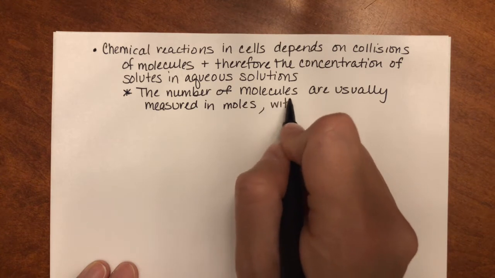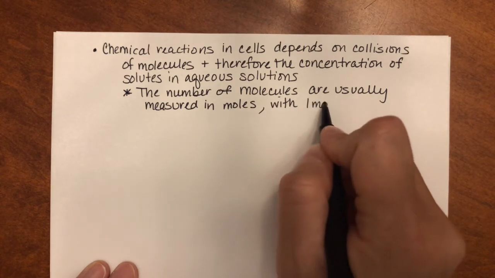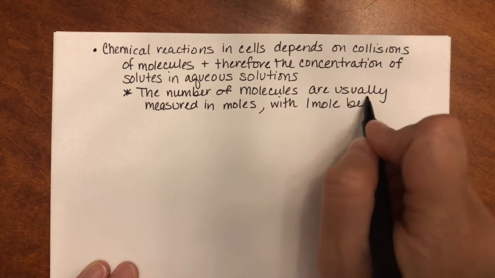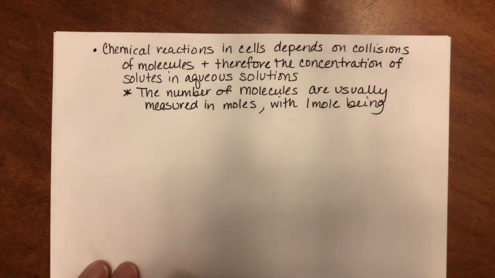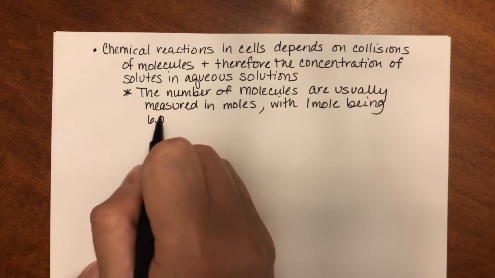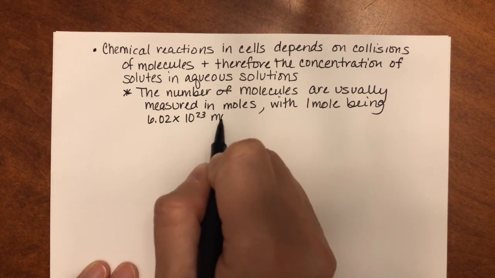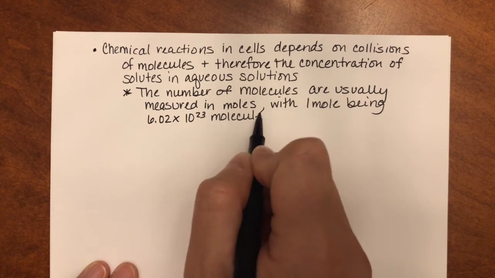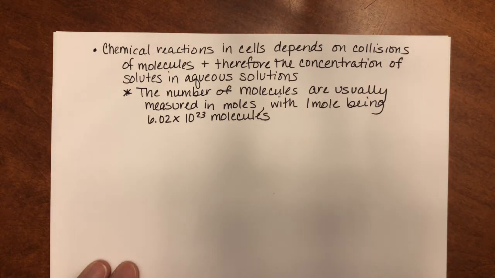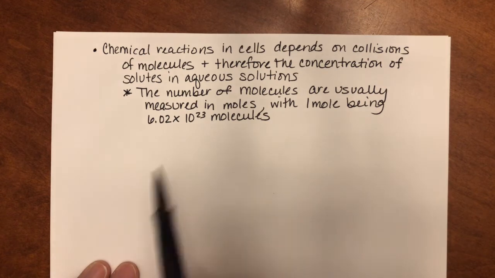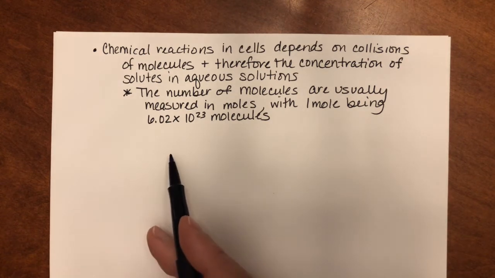One mole is, do you remember the number? 6.02 times 10 to the 23rd molecules. So it's a measurement of how many molecules. Just like a dozen eggs, molecules are so small that our measurement is very, very large.